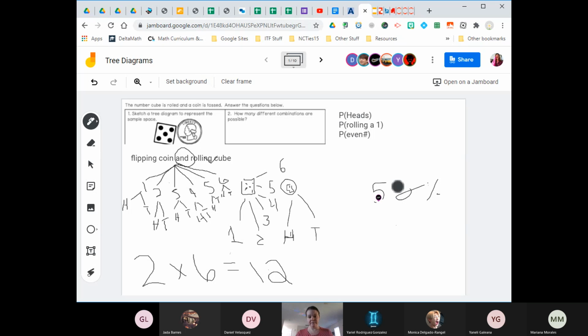Okay, so 6/12. What is the probability of rolling a 1? Right, we can say 1/6 or 2 out of how many outcomes? 12, because I can do a 1 with a heads or a 1 with the tails.